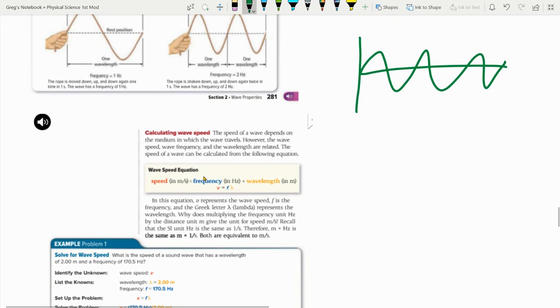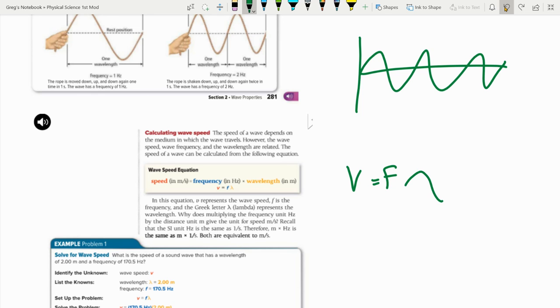Now we can measure the speed of a wave right here. V equals F, or speed. Remember V, speed equals the frequency multiplied by the wavelength, okay? Frequency multiplied by the wavelength.